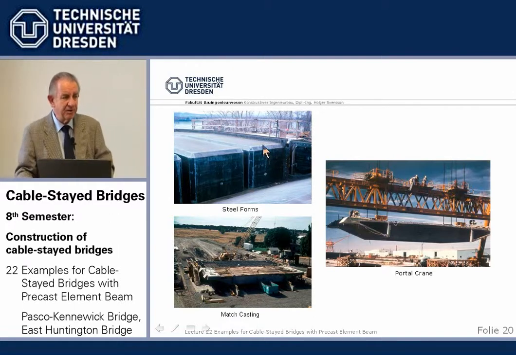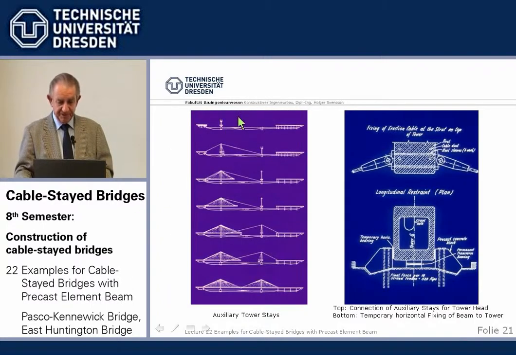Casting of the precast elements, I've shown you many repetitions, so we have steel forms. We cast the next one against the end of the one before. So match casting, we ascertain a perfect fit. We lift them up with a portal crane, transport them to the water.